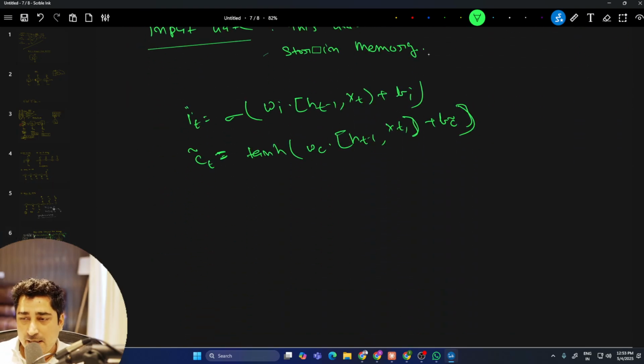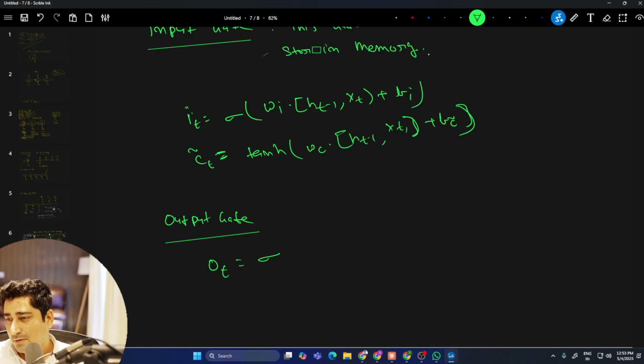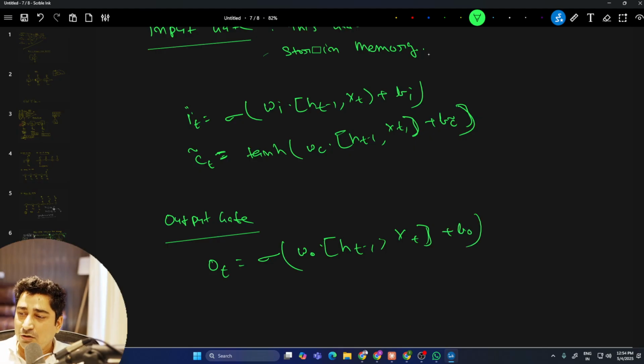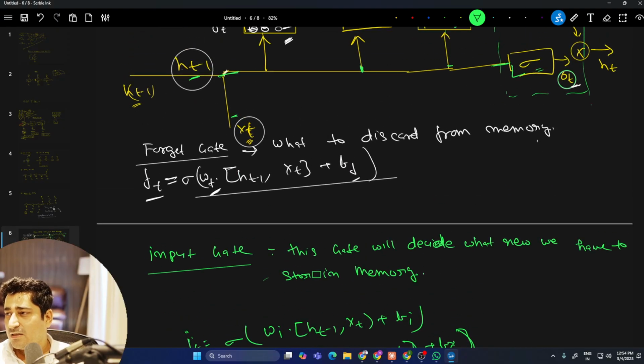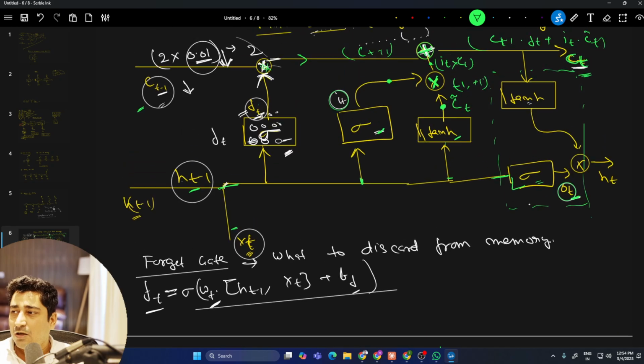For this output gate, OT is again a similar kind of thing: sigmoid of the weights of O into H of T minus 1 and X of T that we are going to pass, plus the biases of this O. So this is going to be my OT. This is not going to be my output, by the way. Now my HT is going to be my final output.